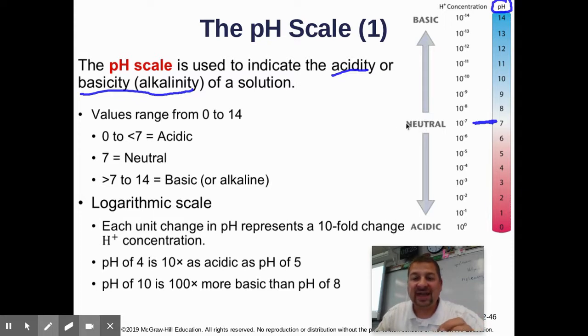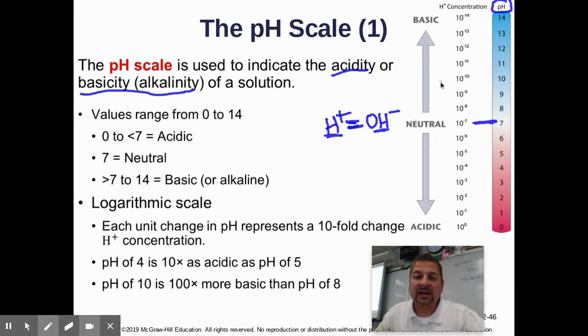You'll have the exact same amount of hydrogen ions and hydroxide ions. As you get more hydrogen ions than OH ions, it becomes more acidic. As you get more hydroxyl ions, it becomes more basic.